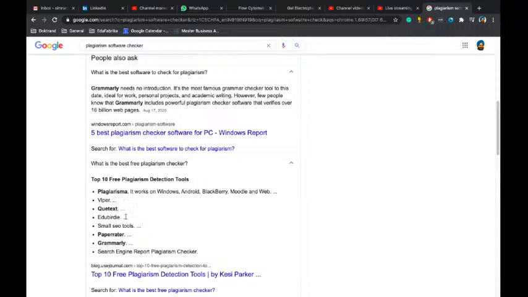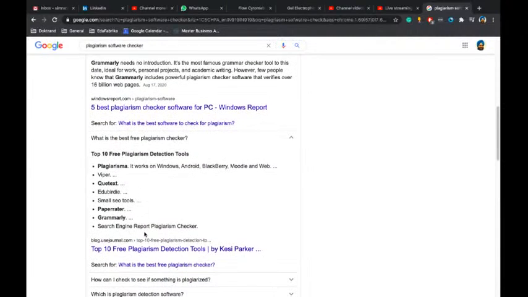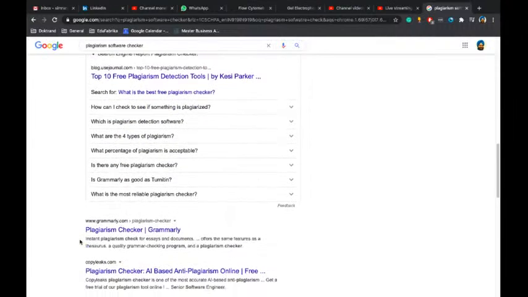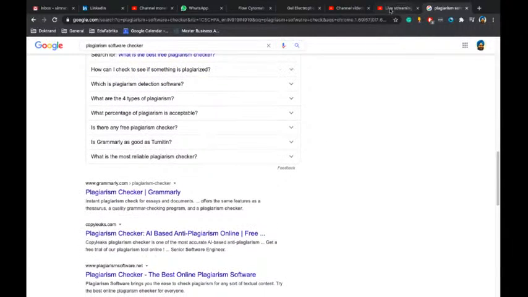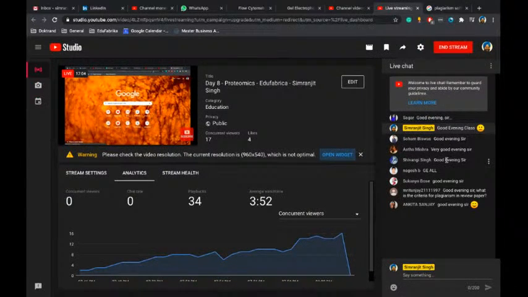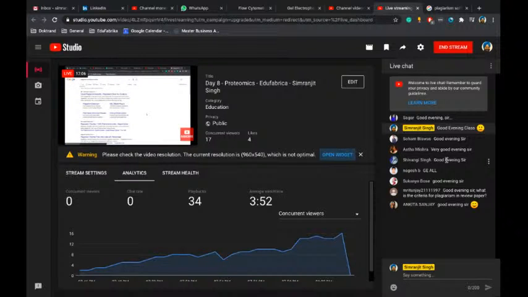Viper is there, Small SEO Tools, Grammarly. All these are free checkers which can tell you how much has been copied. It should not be copied from any paper.